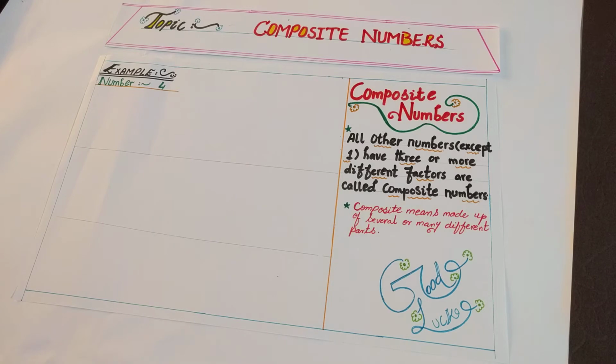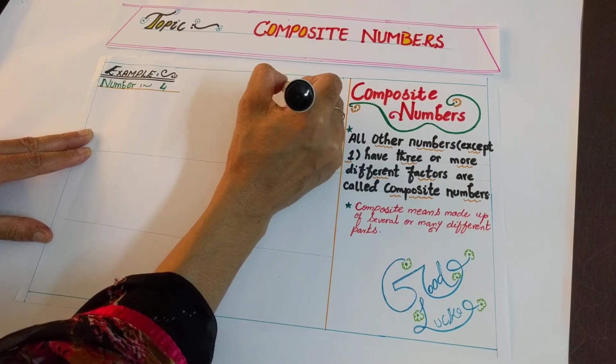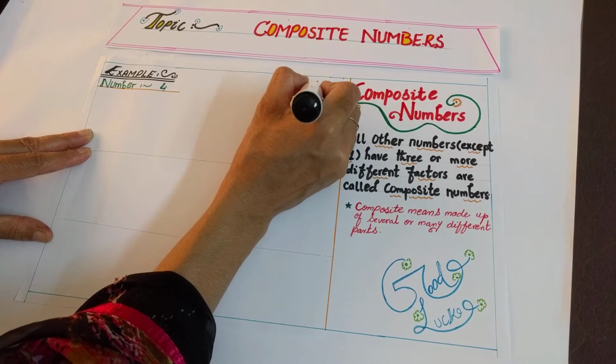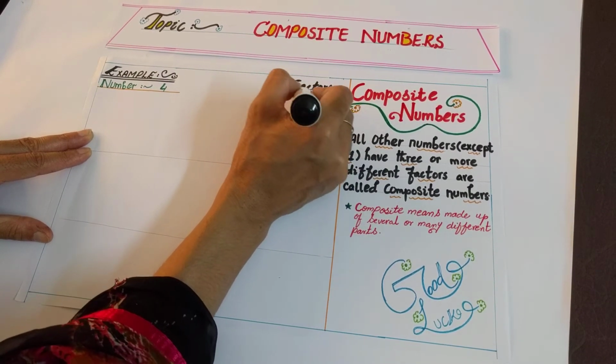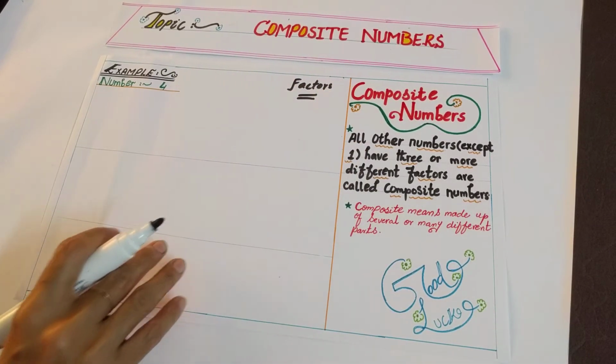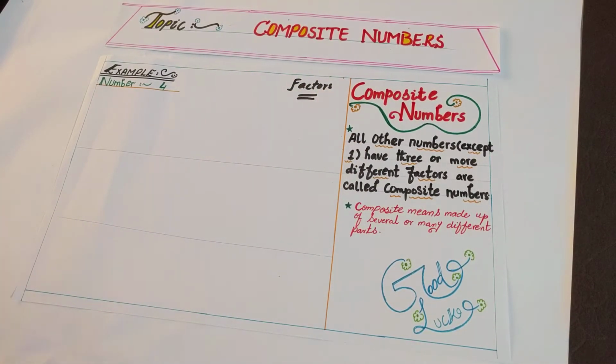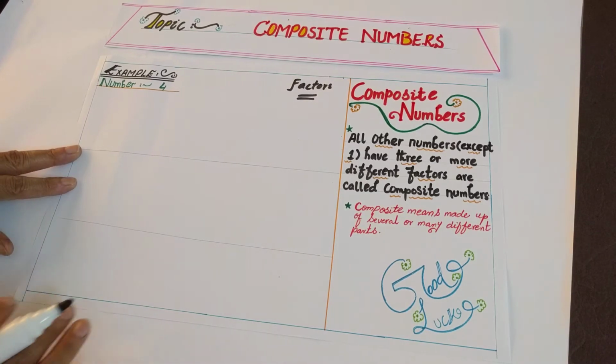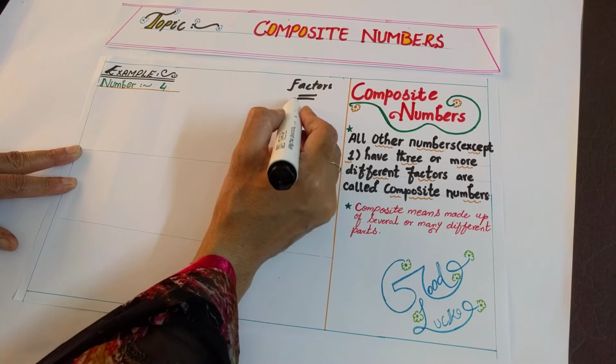Let's check number 4. Firstly we find the factors of 4. As I told you, you can find the factors by multiplication or by division. Here I will check by multiplication.